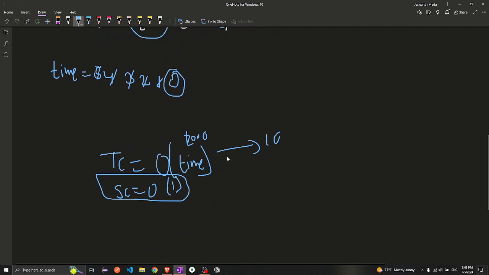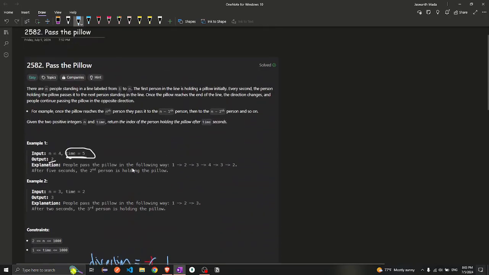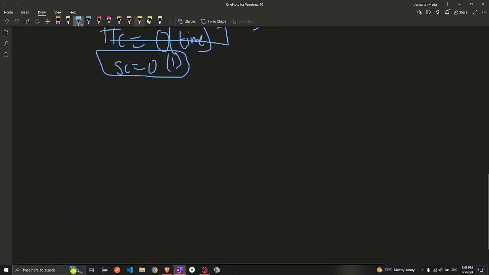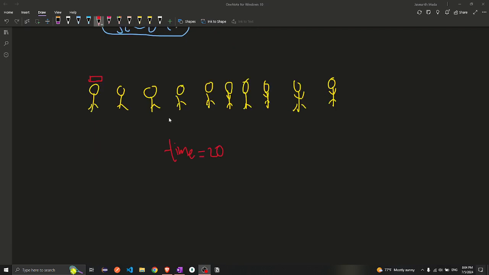So okay, let's try to reduce the time complexity. If you observe carefully, let's do one observation. Let's say we have 10 persons. So let's observe this example and we'll try to find an observation.